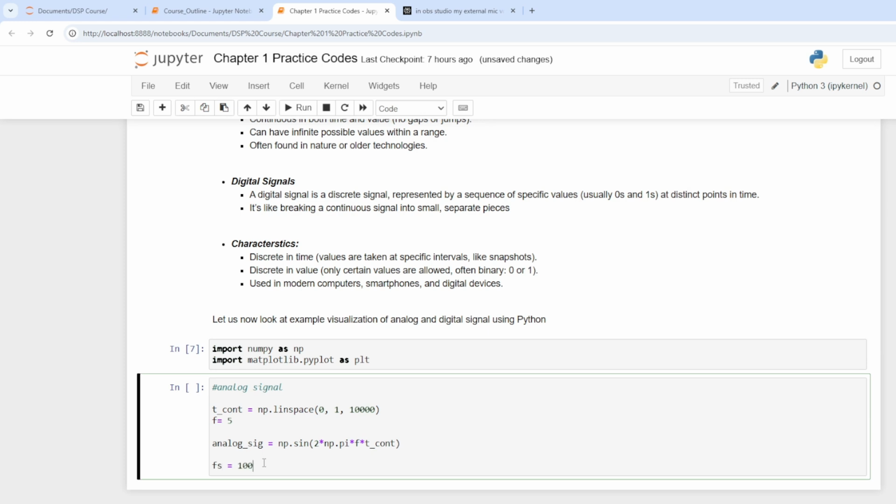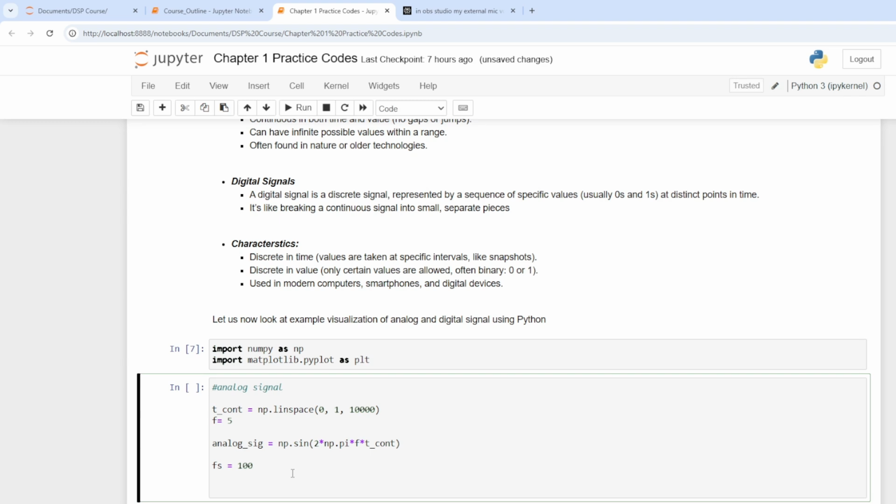Whereas the digital signal is some sort of signal which is sampled. We take pieces of the analog signal. In our case, we take 100 samples, so we call it the sampling rate or the frequency of sampling, which is 100 samples. So we'll basically sample this analog signal, which has 10,000 samples between 0 and 1.